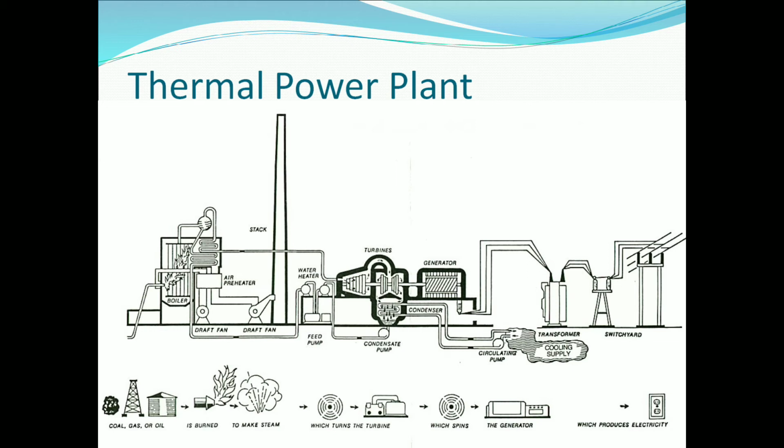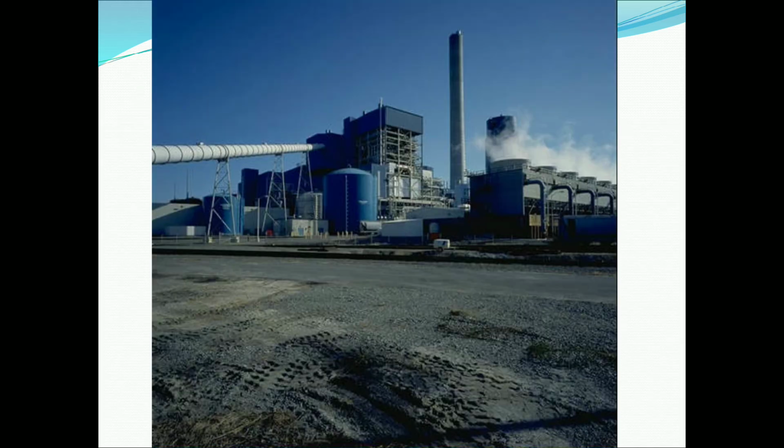And this is connected with the generator. Then alternating current is generated by the generator, and finally it is processed into electrical energy. This entire plant shows all the processes in a thermal power plant. Here is the shape and basic concept of the thermal power plant.